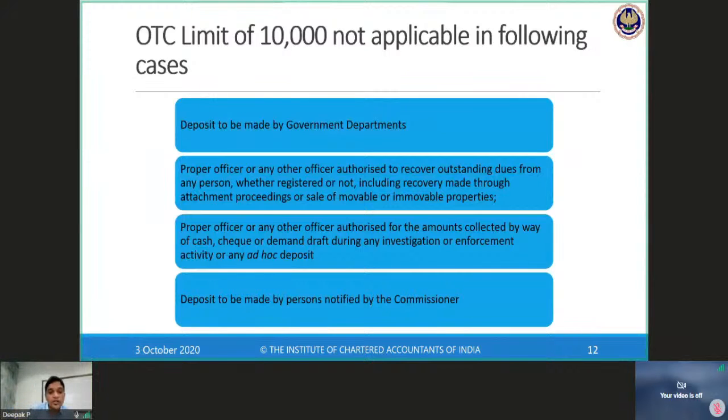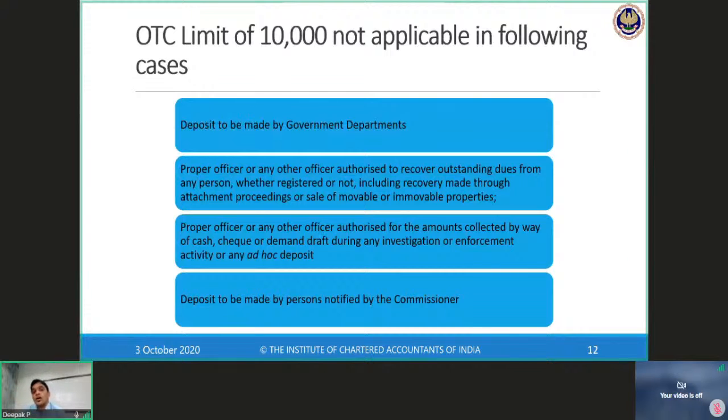Meaning of ad hoc deposit, right? I had said here that during investigation or enforcement activity, the government can collect any ad hoc deposit. Ad hoc deposit means without any calculation. The government can say, okay, this investigation is going on, and while it is going on, I want to make a deposit of 50,000 rupees.